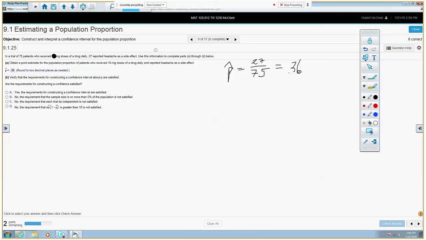Google it. What's the population of Anderson, South Carolina? 26,985. Okay, 26,000. So somebody take 0.36 times 26,000.